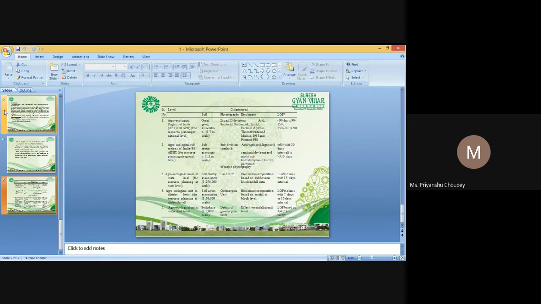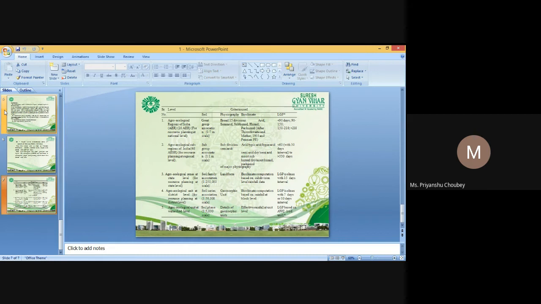Subgroup associated scale 1:1 million. Subdivision: arid type, arid, hyper-arid, semi-arid, dry semi-arid, moist sub-humid, dry, moist, humid, with 60 days interval.